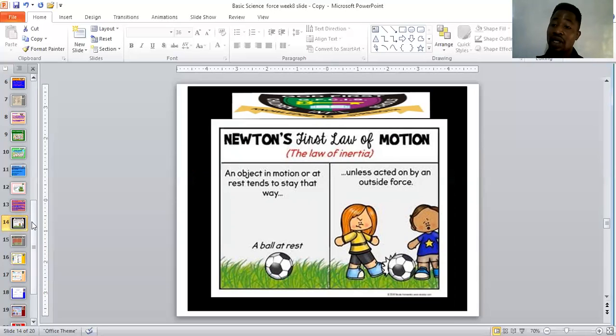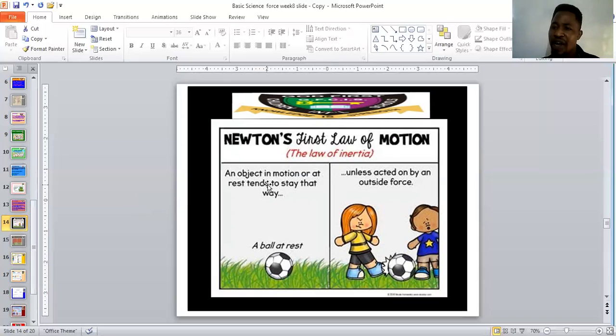Ever since then, the measurement of force has been named after Isaac Newton. That is why force is measured in Newtons. Newton is the name of the scientist who discovered gravity. So Isaac Newton is a great scientist of his days.